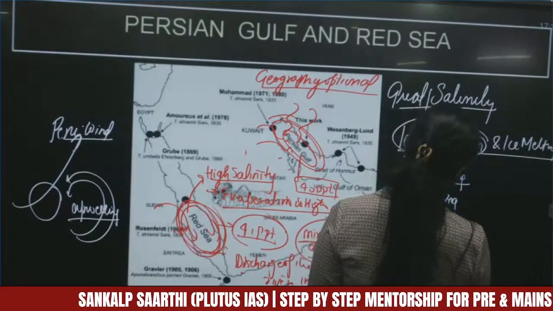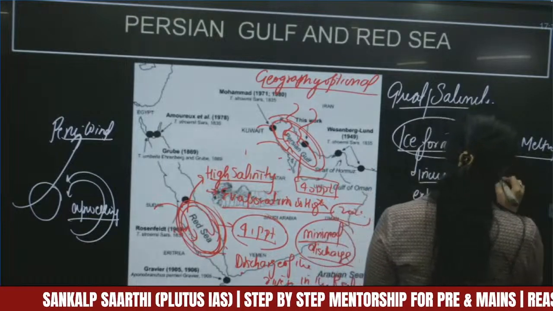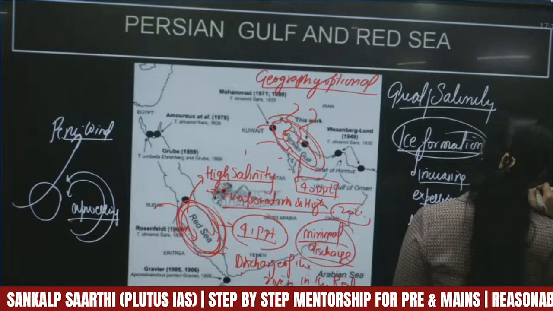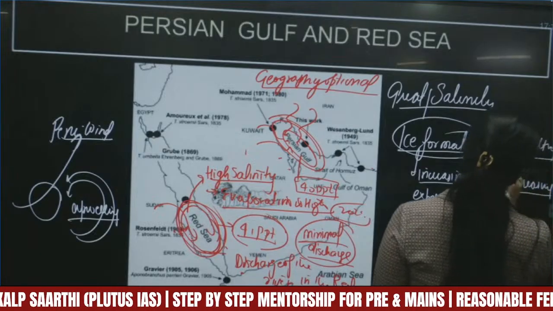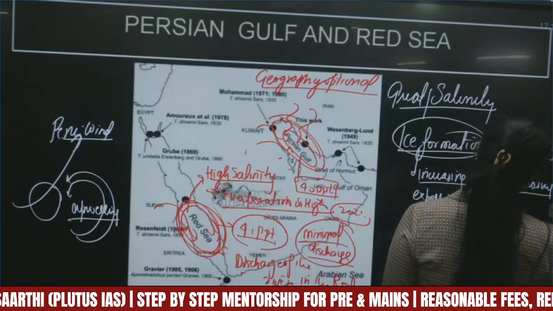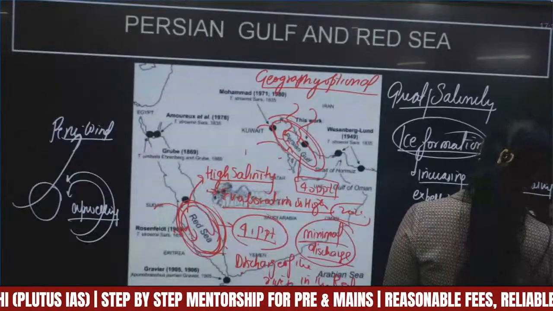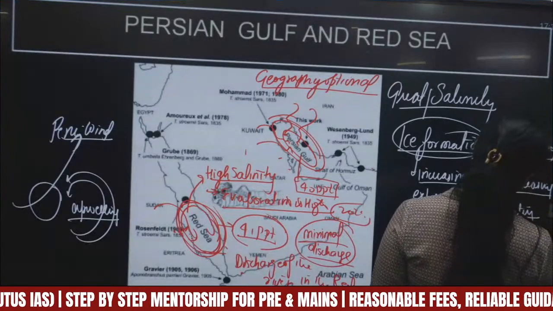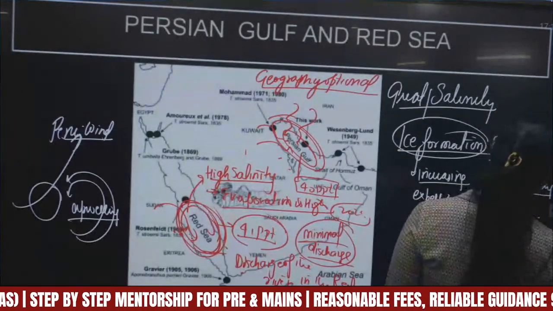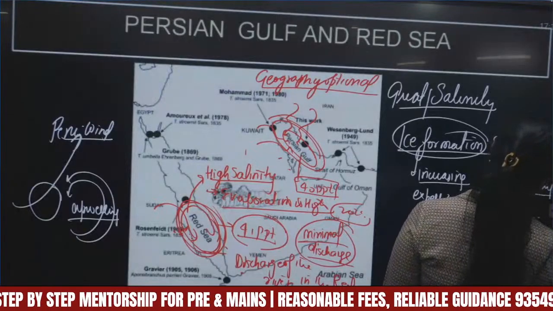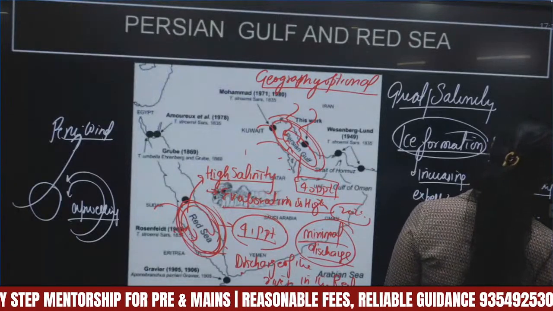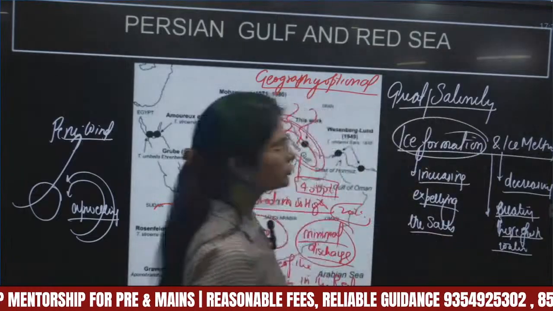On the other hand, ice melting decreases the salinity because it creates a huge volume of fresh water which gets mixed with the ocean. So this is the reason.